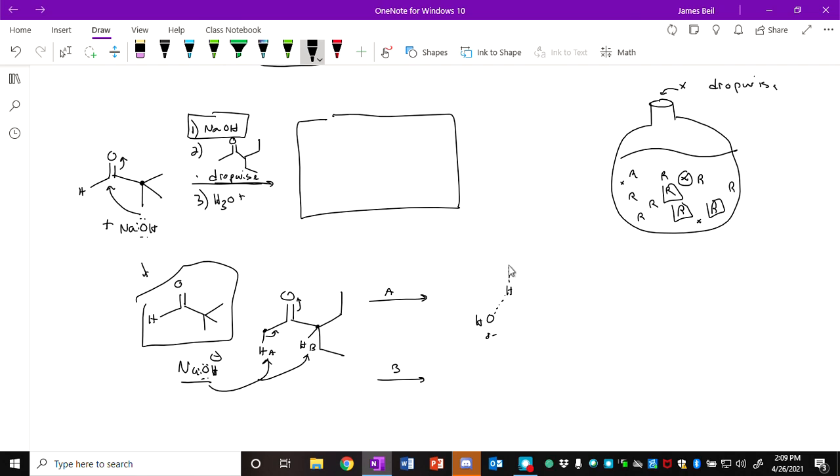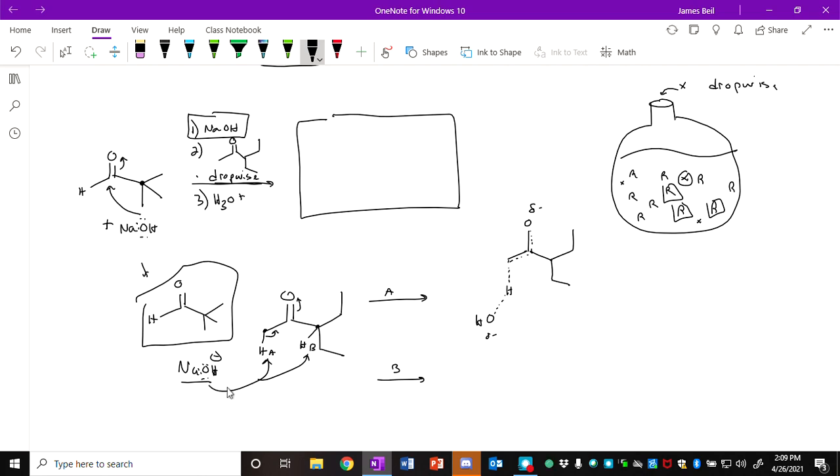That bond would start to break with the carbon. Electrons would start to swing in to form the pi bond. Electrons would start to swing up to the oxygen. And the rest of the structure would be here.